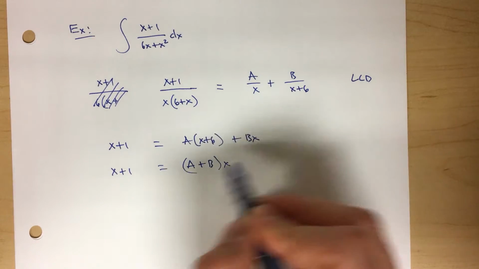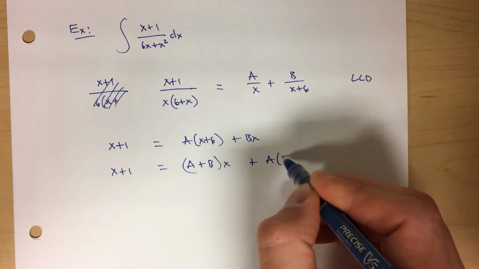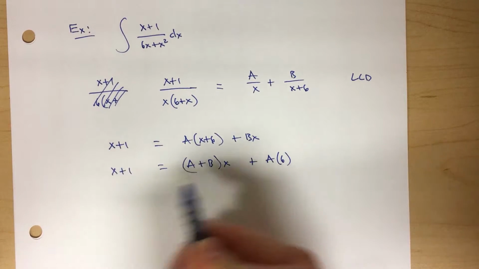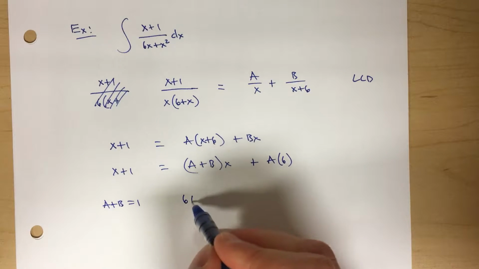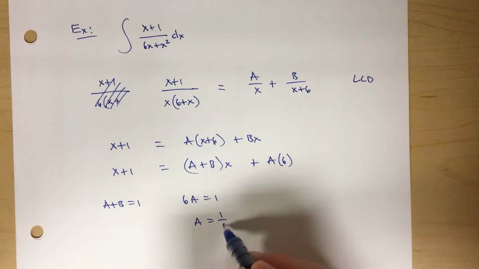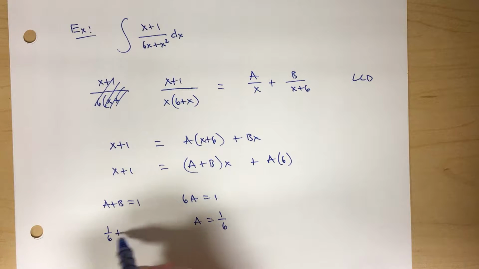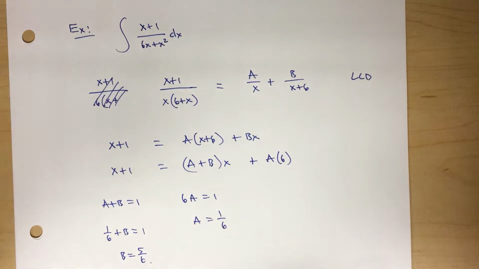So there's ax and bx makes (a plus b)x, plus a times 6. So I need a plus b to equal 1 and 6a to equal 1. So 6a equals 1, then a equals 1/6. And if 1/6 plus b equals 1, then b equals 5/6.